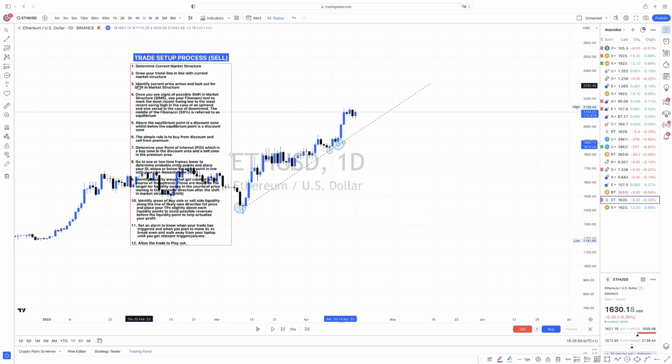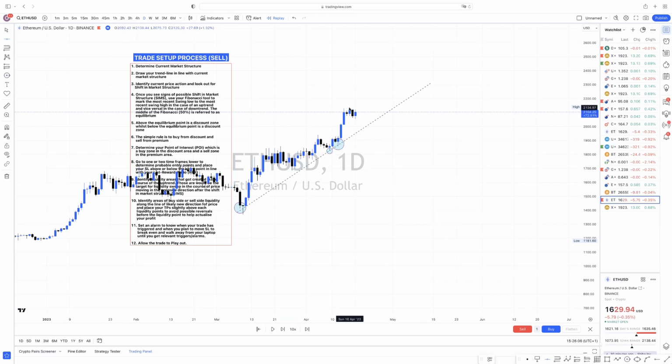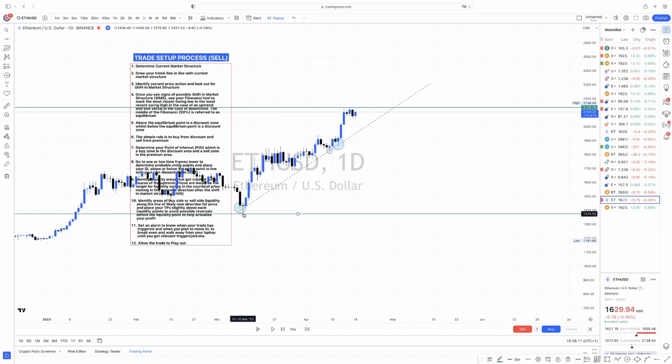Number 3, identify current price action and look out for shifts in market structure. Now, the current price action here is that if you look at this particular chart, you will see that the highest point after the takeoff from here, the highest point price could ever get to is this green line, or let me mark this red, to distinguish it from being a support line.